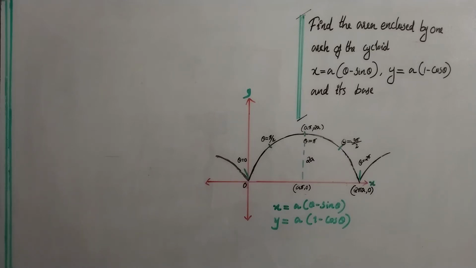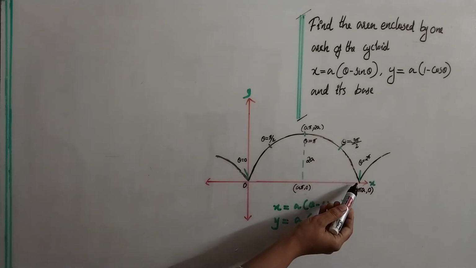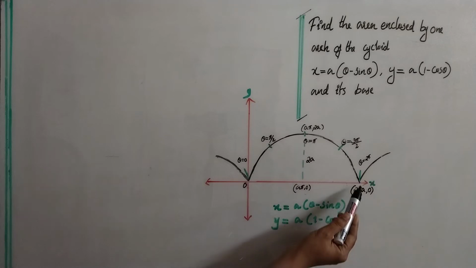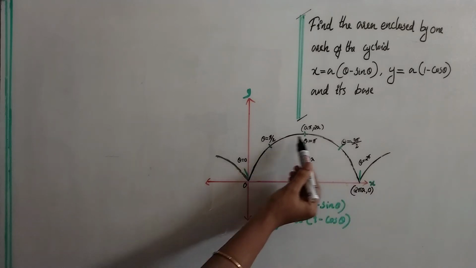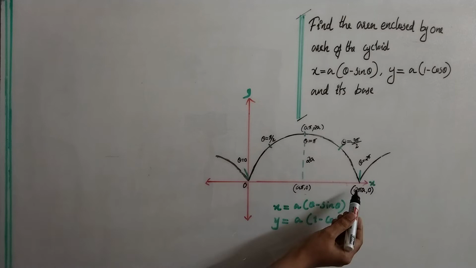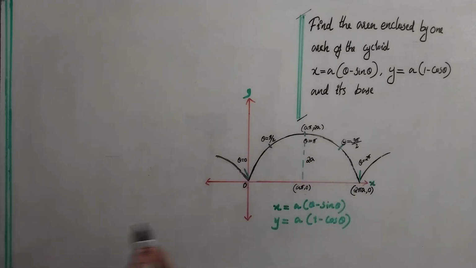Here the base of the cycloid is the x-axis, then two consecutive contacts between two points means this point and this point, and one arc of the cycloid is this portion. That is, arc of the cycloid is the portion between two consecutive contacts of the curve with its base axis, that is x-axis.